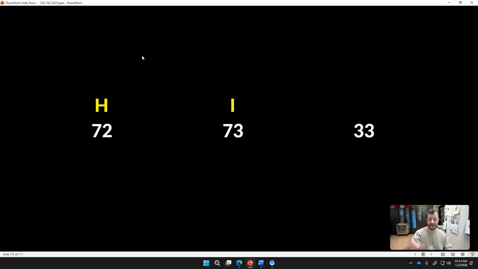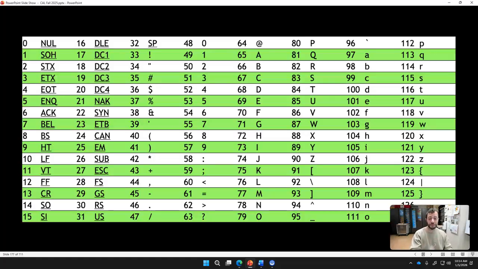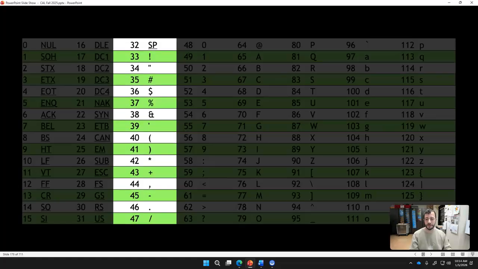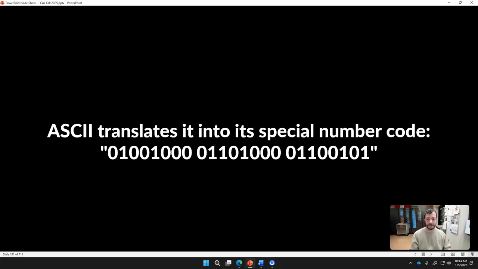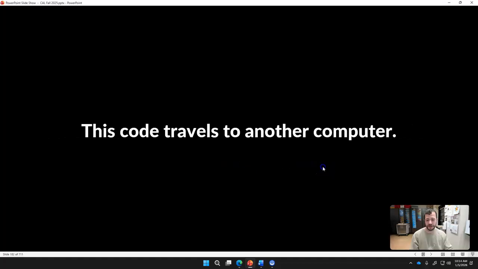So this pattern is HI exclamation mark when we look at the table. We are able to break this pattern down and encode a particular message, which just means ASCII is translating these 24 binary digits, or 3 bytes of information, into HI exclamation mark.